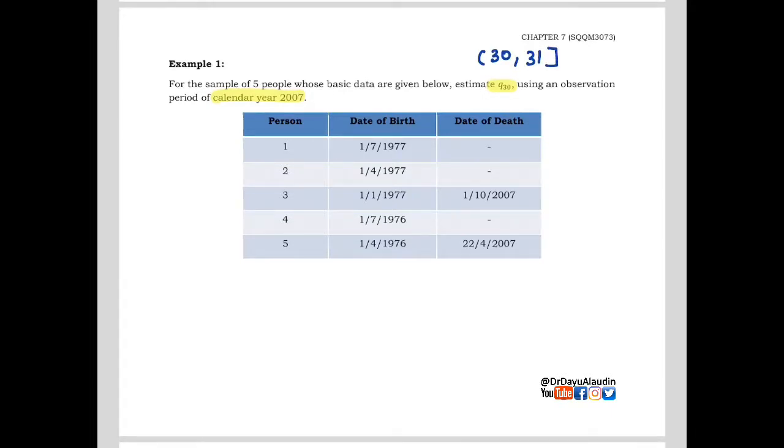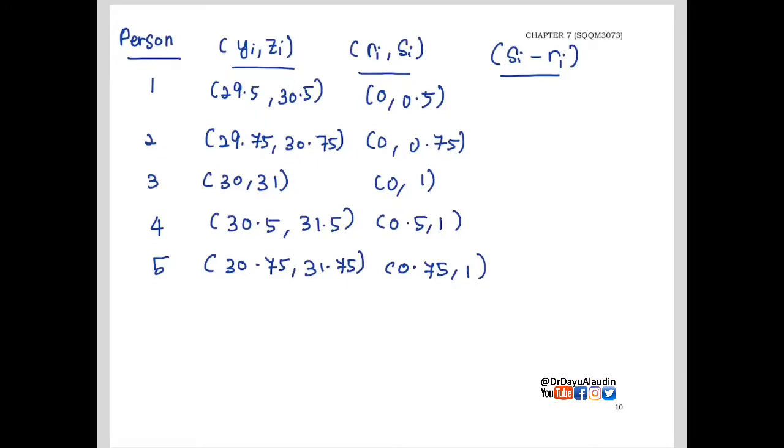First, we have to determine the YI and the ZI. Okay, first we draw the table. So we determine the YI and ZI. From the YI and ZI, we will get RI and SI. So the last column is SI minus RI.